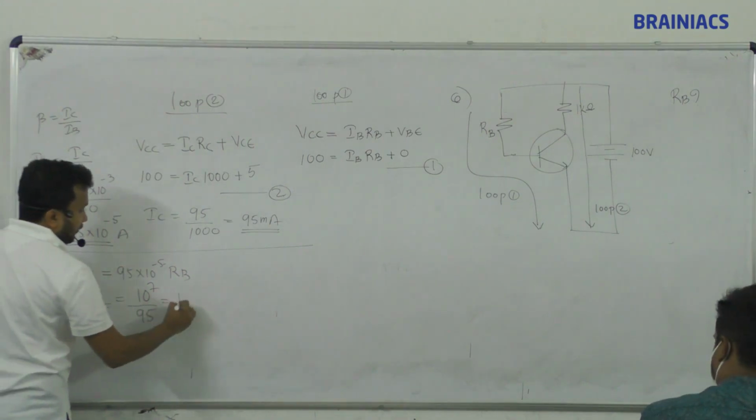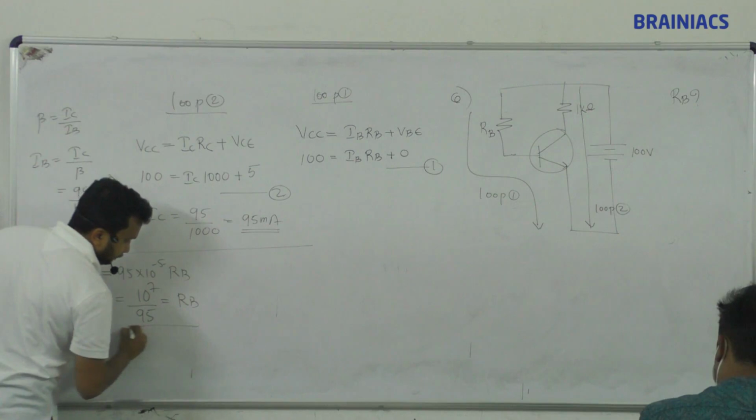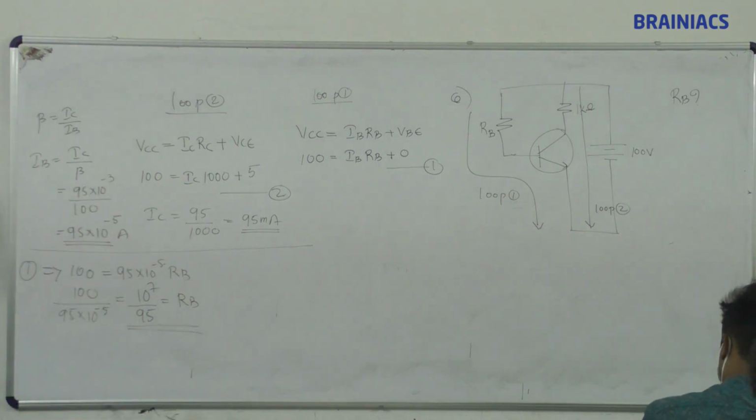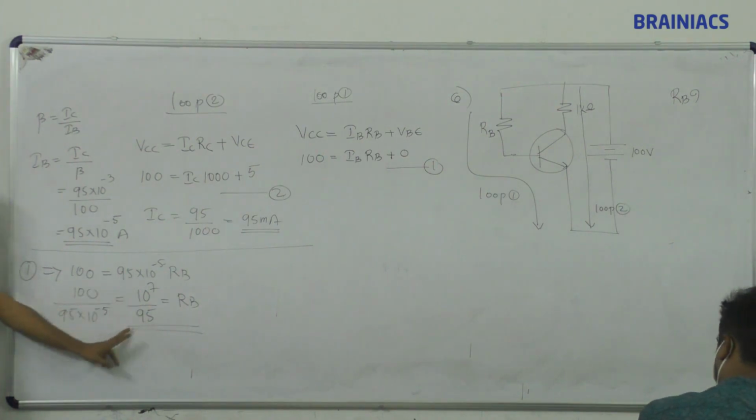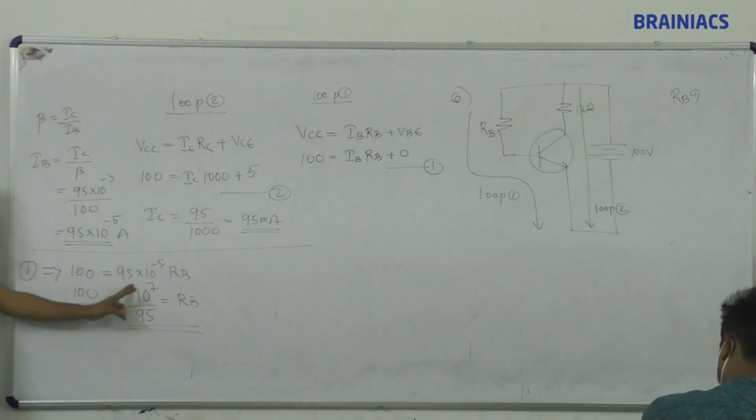This is the value of RB, about 1.05 into 10 power 5. Did you solve this one? That's all.